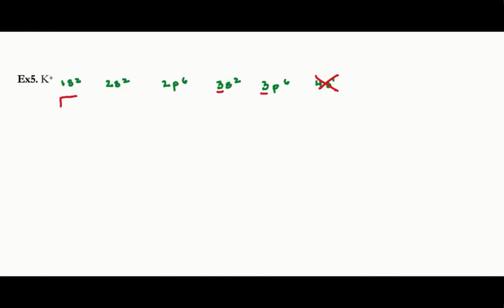So that is why potassium, when it forms an ion, will always have a +1 charge. Okay, I'm going to fill in the orbital diagrams. And notice my 3p sublevel is now full. It's full, and I don't have that 1 extra electron that potassium lost.